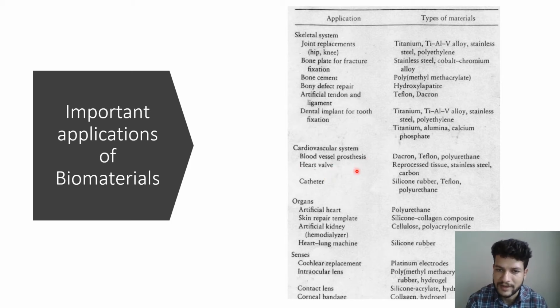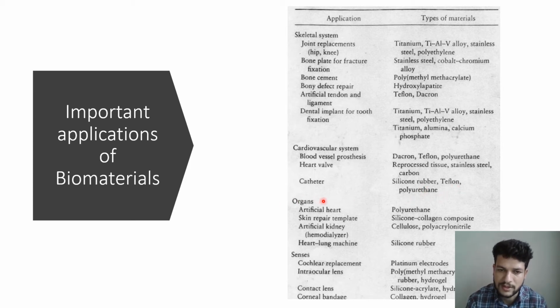Heart valves are made up of reprocessed tissue, stainless steel, and carbon. Catheters are made up of silicone rubber, Teflon, and polyurethane.